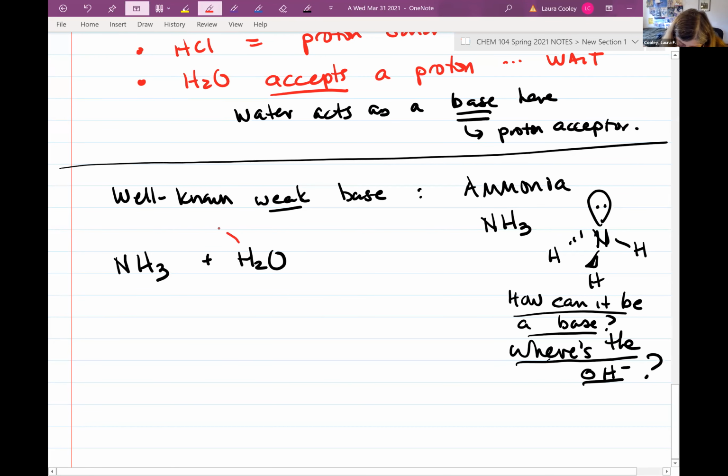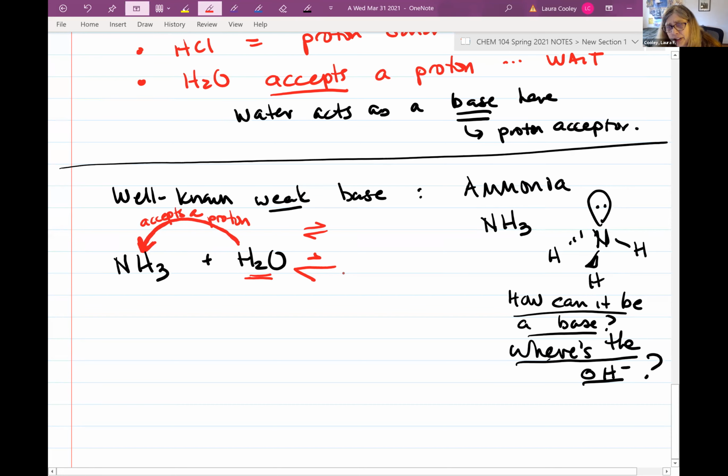So as a base, it would accept a proton from water. And some of the time, but not very often, so this is another equilibrium that heavily favors the reactant. It doesn't happen that often, but look what happens when a proton, H plus, goes from H2O to NH3.